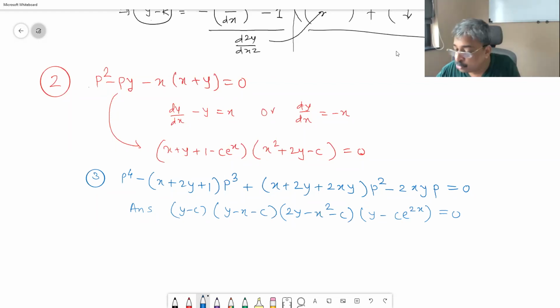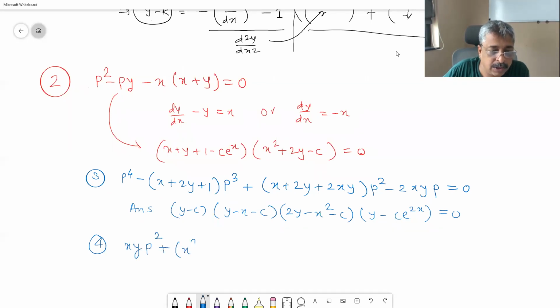I have two more problems on this. Solve them. Fourth, xy p square minus x square plus y square times p plus xy is equal to 0.